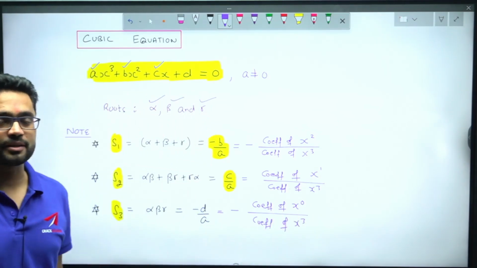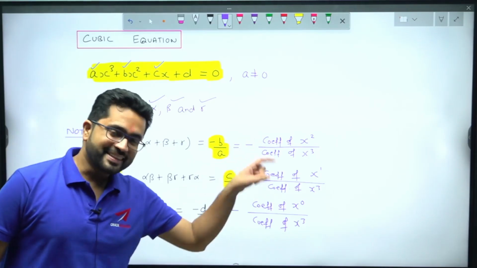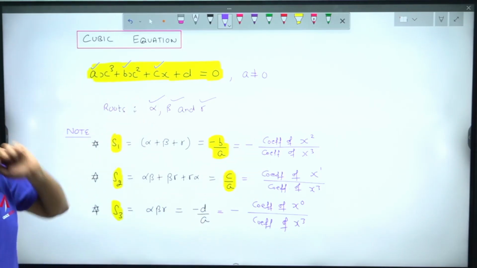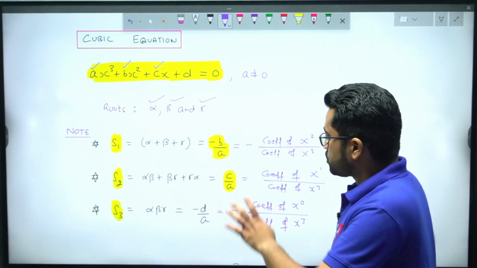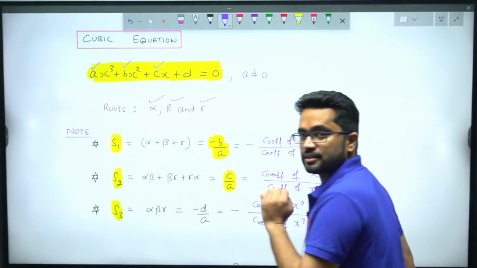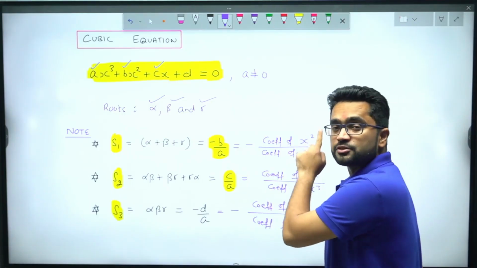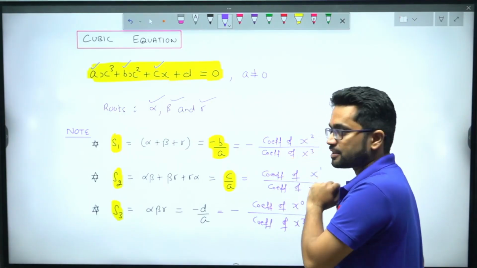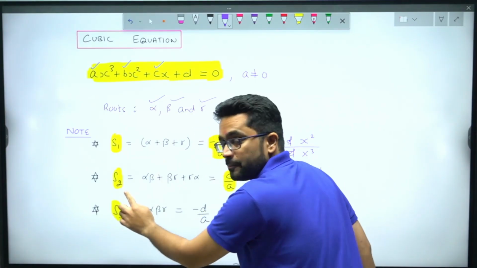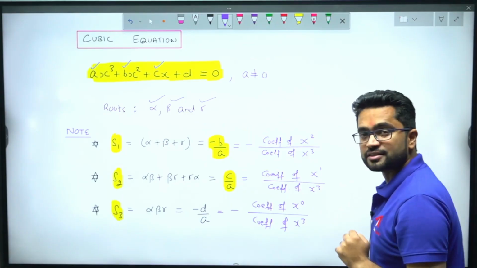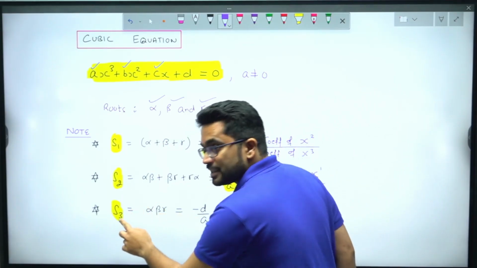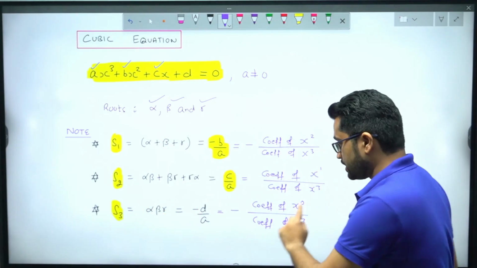Please observe something. In each case, the denominator is always the coefficient of x cube, that is a. And in each numerator, if it is S1, then 3 minus 1, the coefficient of x square is there. If S2 is written here, then 3 minus 2, that means 1, the coefficient of x power 1. And if it is S3, then 3 minus 3, the coefficient of x power 0.